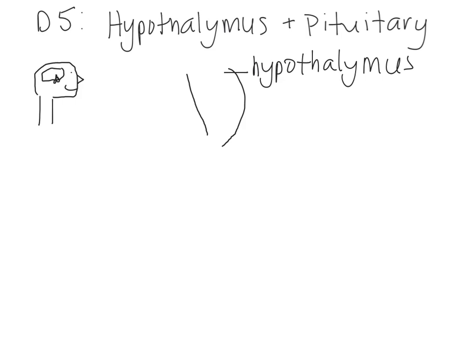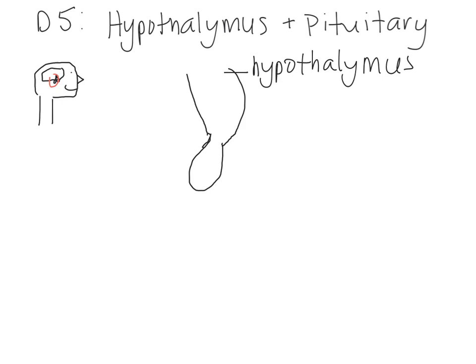Okay, and then this hypothalamus leads into the posterior pituitary. Posterior meaning behind. So as you can see in our drawing, I'm now drawing this part, which is behind, and not the part in front.